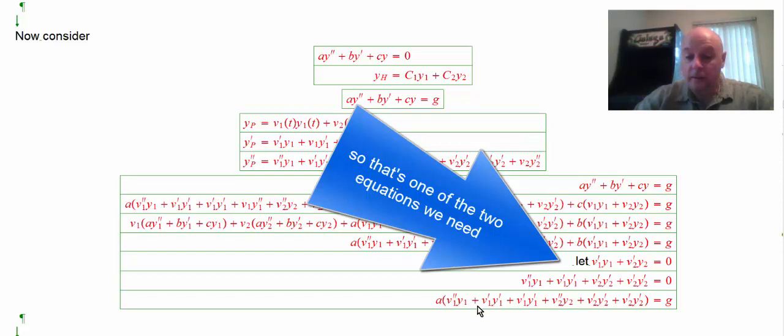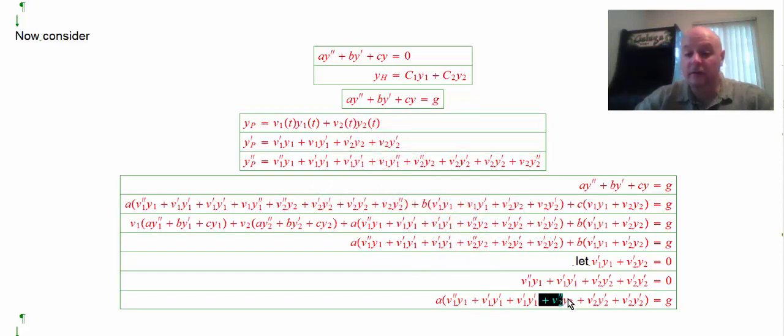But notice, if I arrange things, I'll take this piece and move it to the front, and I'll take this piece and move it to the front, and now, oh wait, when I took the derivative of the V2, there should be another prime in here.